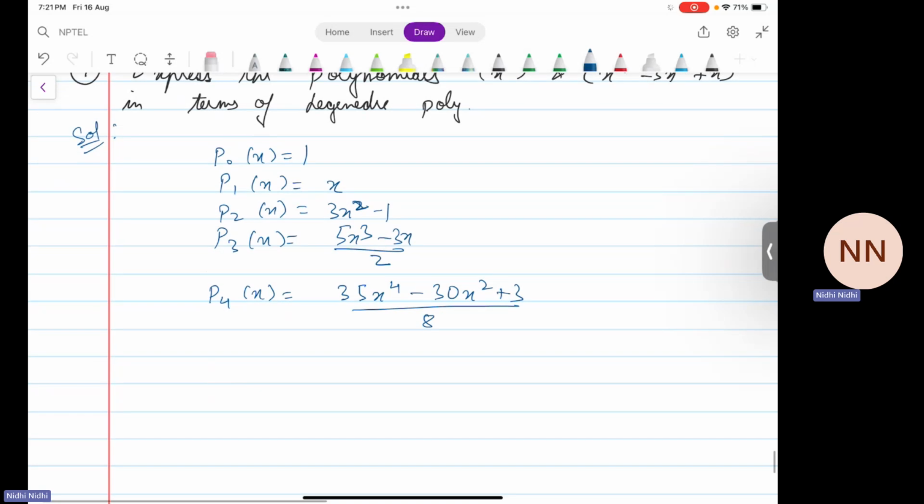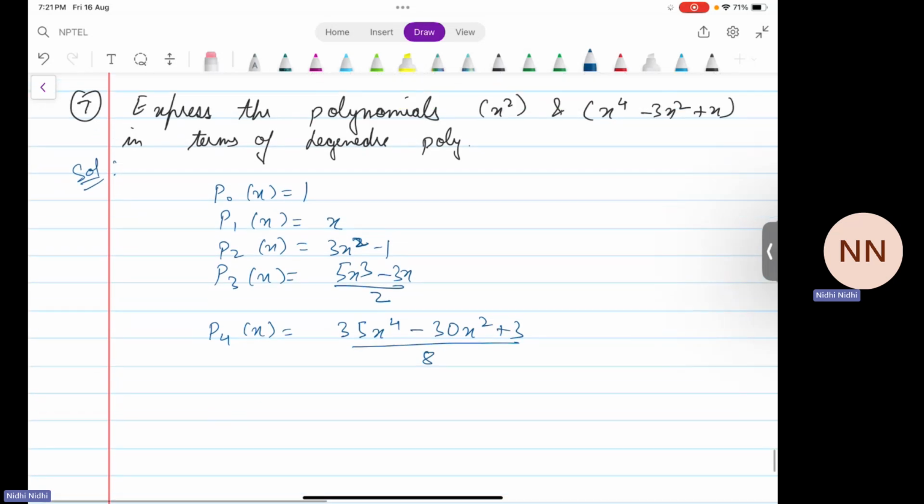All these Pn's are called Legendre polynomials. Now we'll try to write our polynomials x square and this polynomial in terms of the Legendre polynomials.